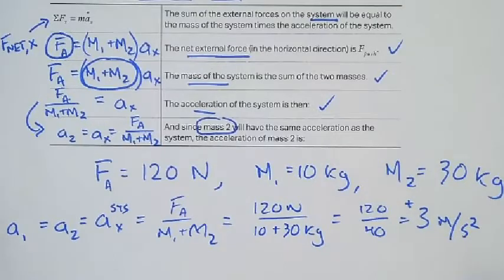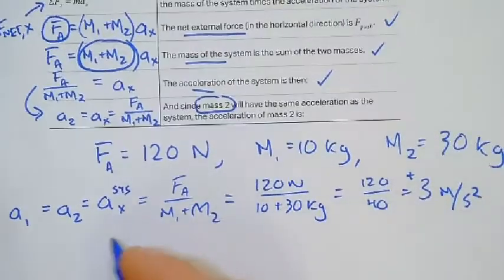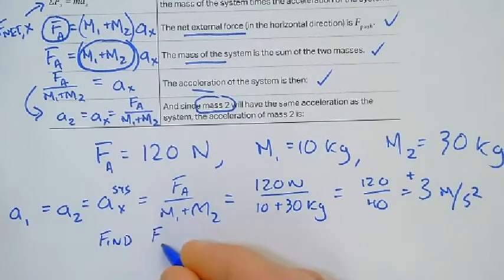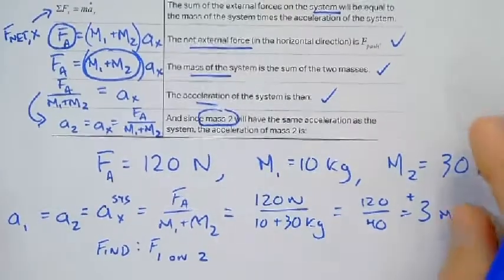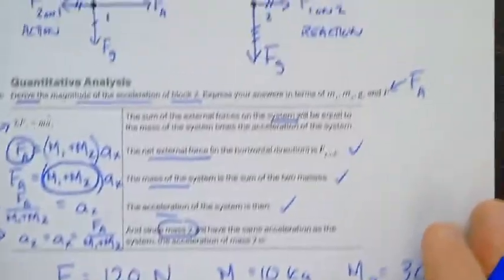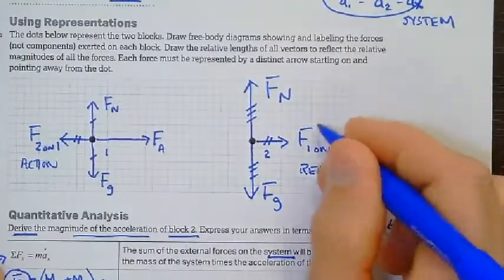Now, the one other thing I'll throw in here is, what if they said find the force of 1 on 2? Huh. Let's look at that. That would be this force.